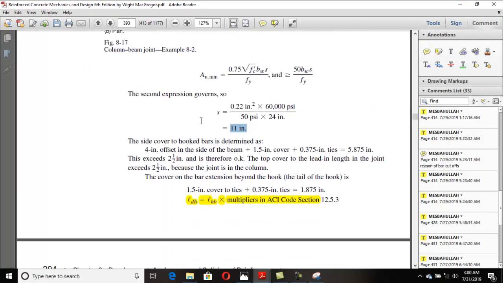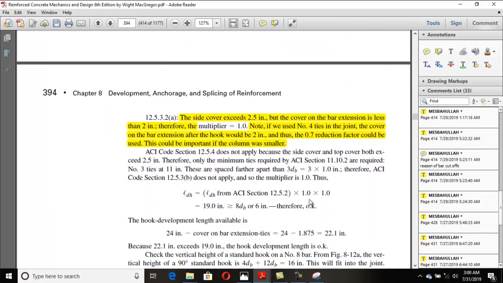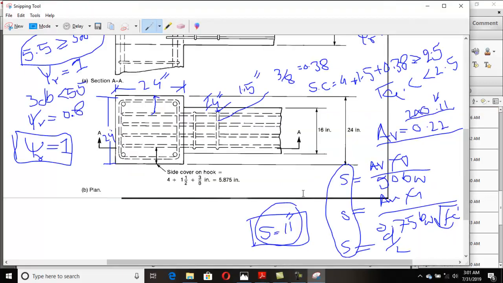Okay, so your side cover is 5.875, and this exceeds 2.1. So your psi c factor will be, this is your tail cover, and your psi c factor will be 1, clear. And your 3 dB is 3 inches. So it is clear right now.